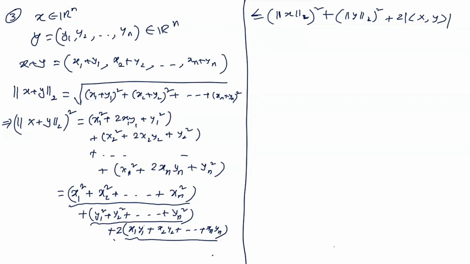Now we are left with this inequality to work on. This is by the Cauchy inequality. So we can write the norm of x whole square plus the norm of y whole square plus 2 times the norm of x times the norm of y.